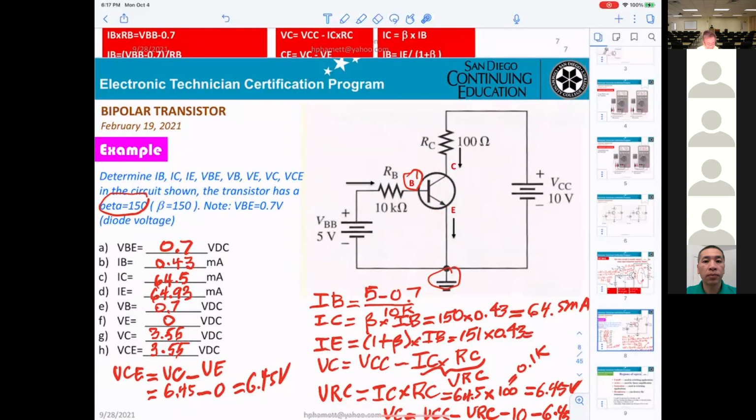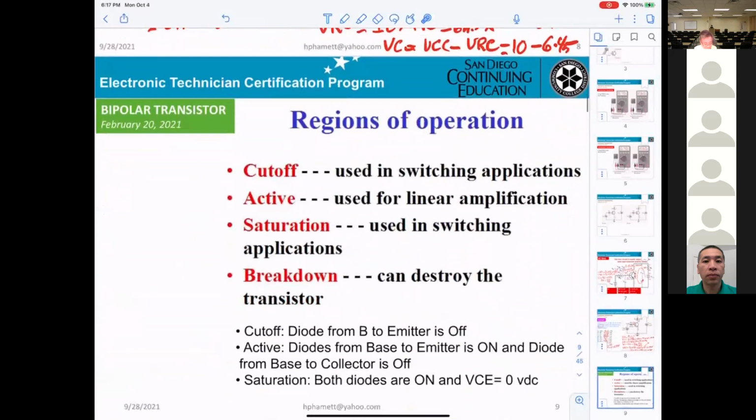Then the currents IB, IC, IE will be equal to 0. They open inside the transistor between the base, emitter and collector, so no current can be flowing.